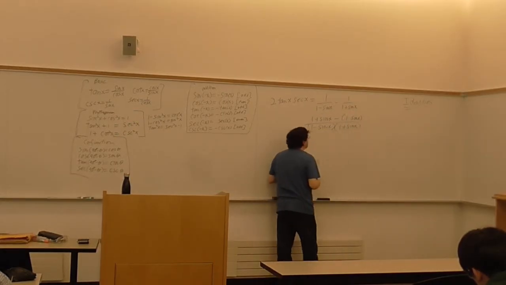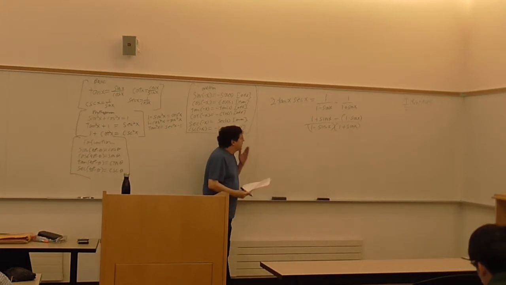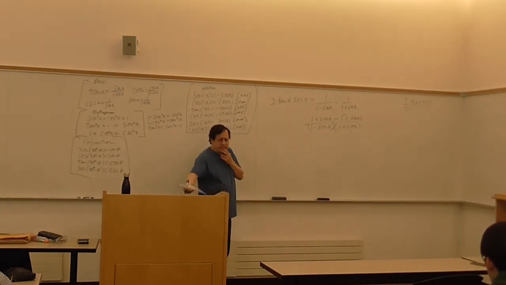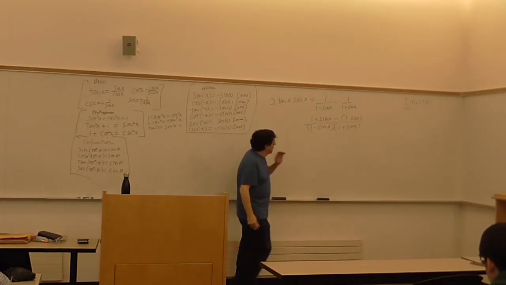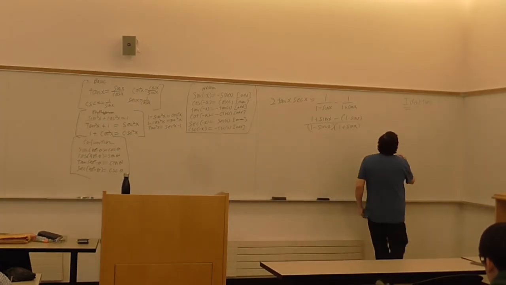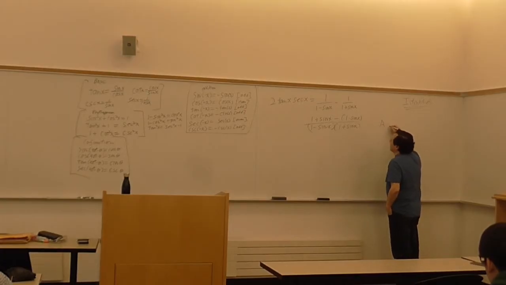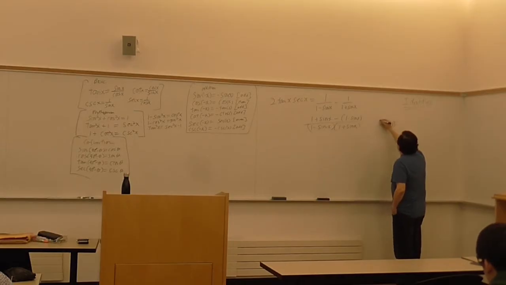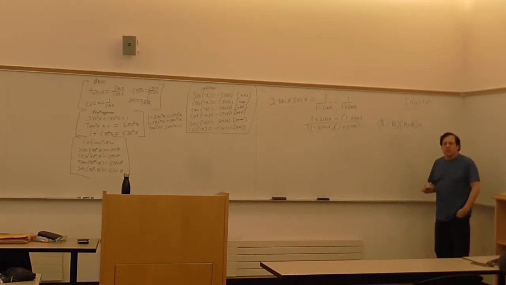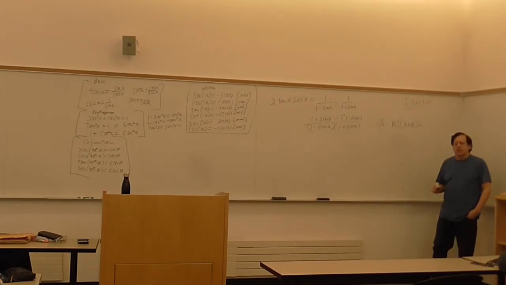There's something about this denominator that looks familiar. It looks an awful lot like a minus b times a plus b, which is a pattern I know. What's a minus b times a plus b?